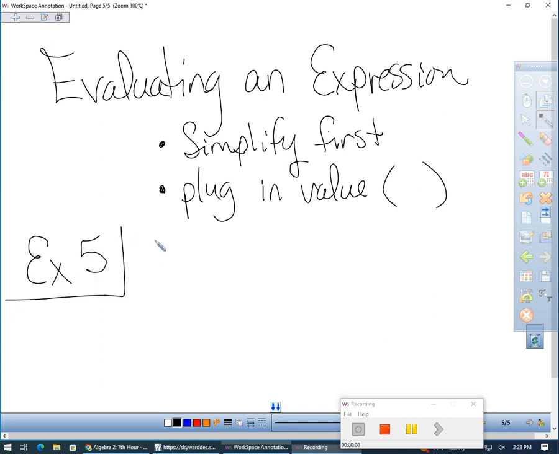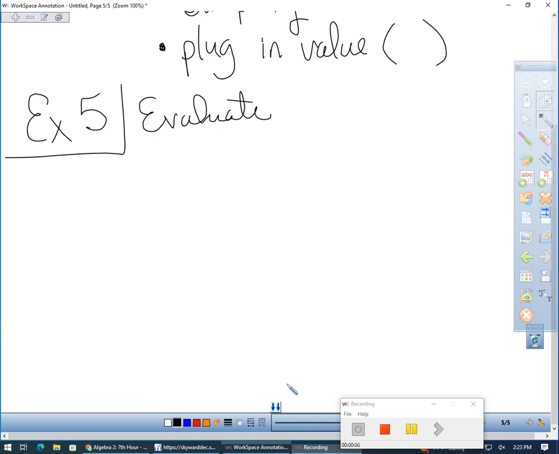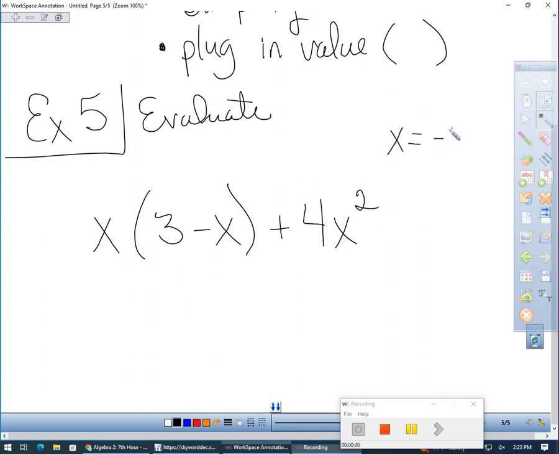I'm going to ask you to evaluate x times (3 minus x) plus 4x squared, and I'm going to tell you that x equals negative 2.